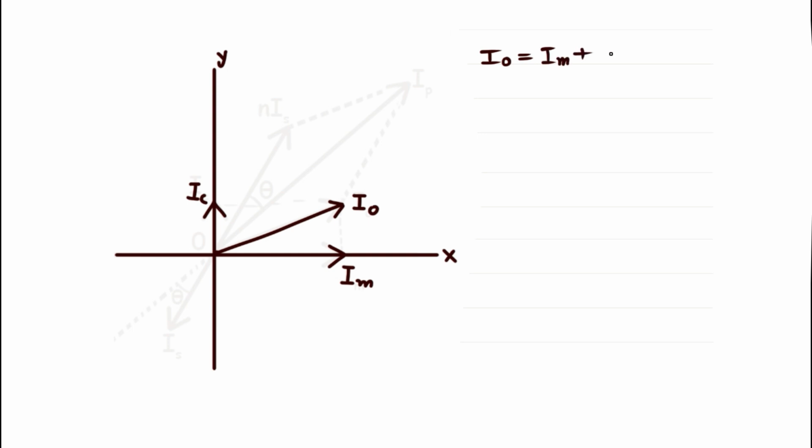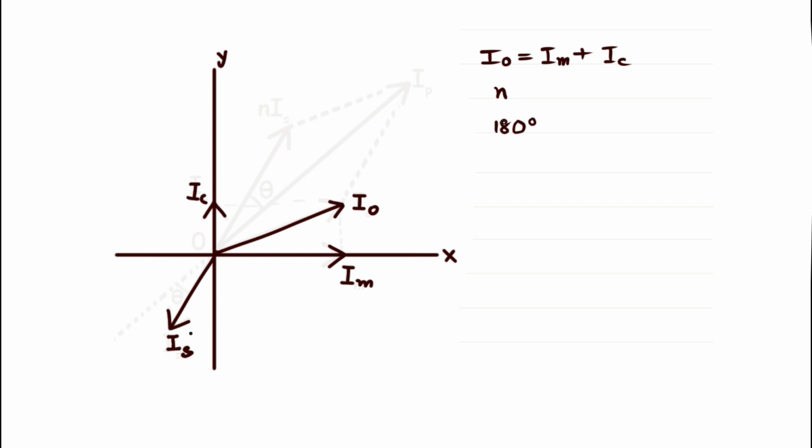so we can write I0, the excitation current, equals IM plus IC. Now say IS is the secondary current and the CT has a ratio, say N. So obviously there will be a primary current that actually transforms to the secondary current IS, and the phase difference between that primary current and this secondary current is exactly 180 degrees.